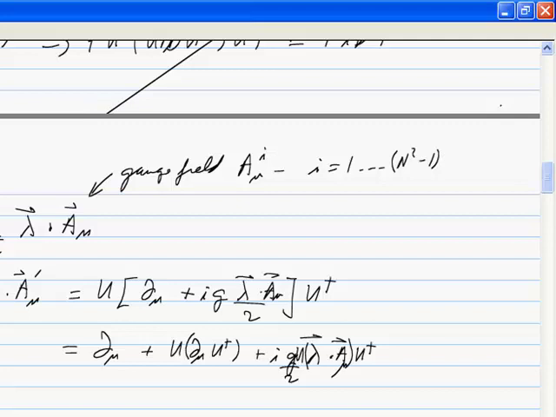When I write lambda dot A, that symbol means lambda^i A^i, and we sum over those, so the summation convention is there.